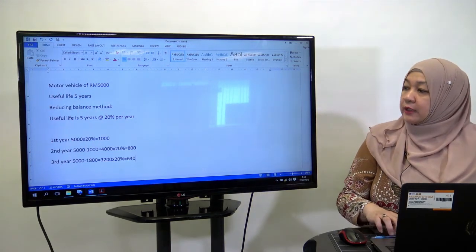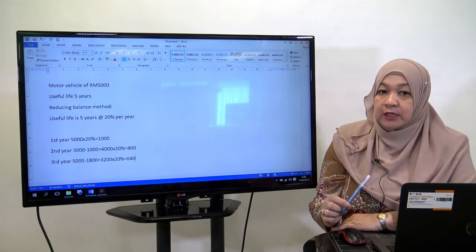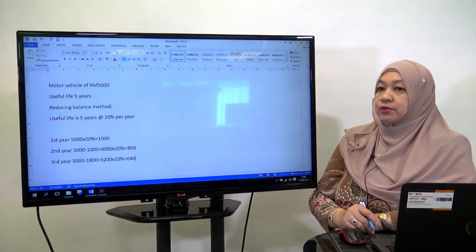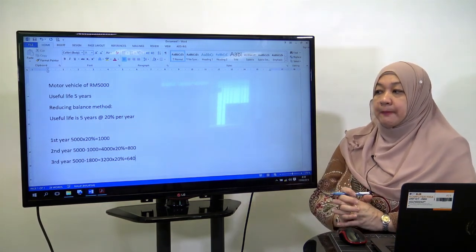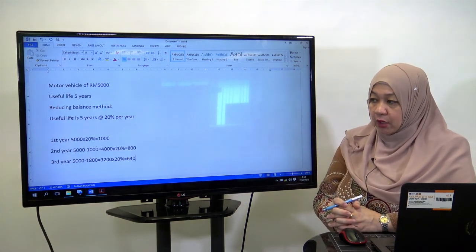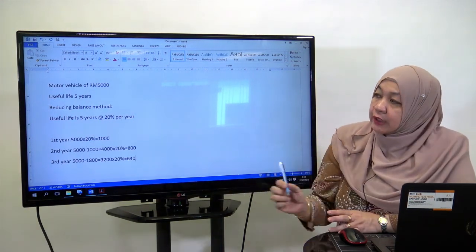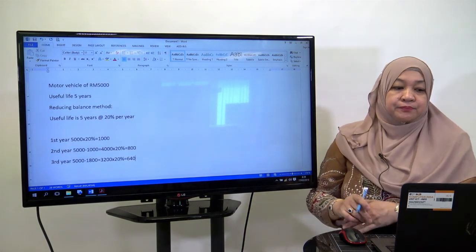And you keep on depreciating using this method until your carrying value is equal to 0. Once it has reached 0, it means your non-current asset, or in this example your motor vehicle, has been fully depreciated, right?